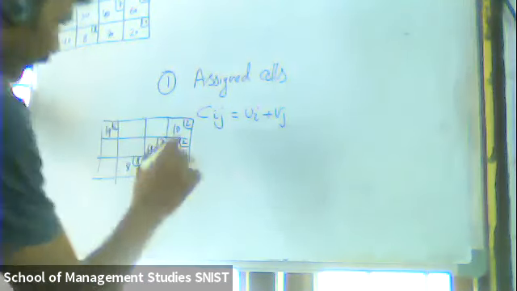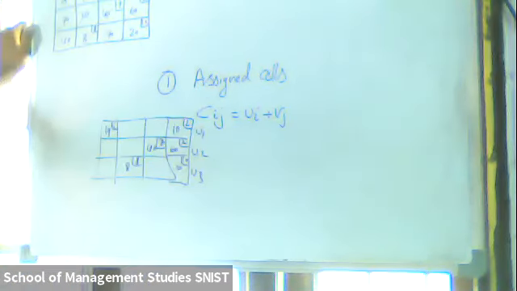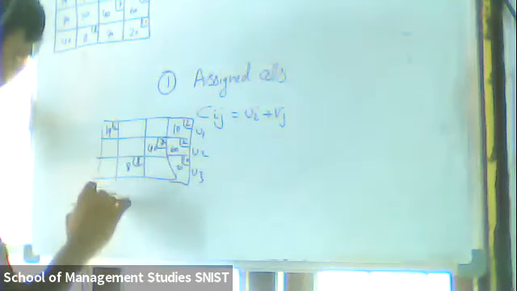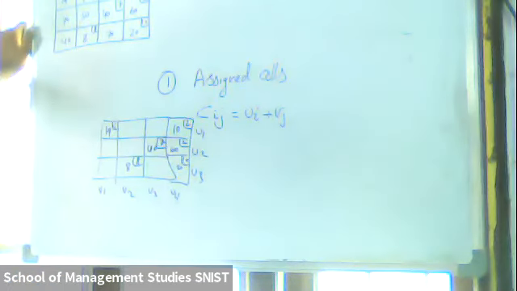Same here, I'm assuming this is u1, this is u2 and this is u3, and this is v1, v2, v3 and v4. Are you following? Row wise I'm taking u1, u2, u3. Column wise I'm taking v1, v2, v3, v4.